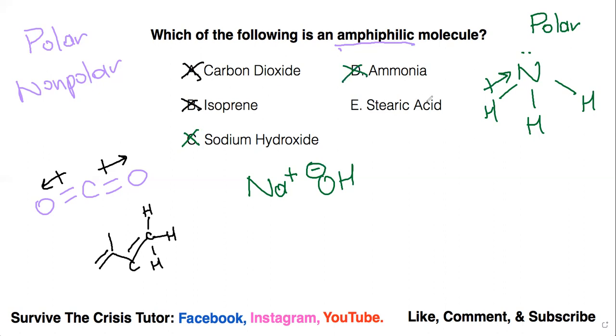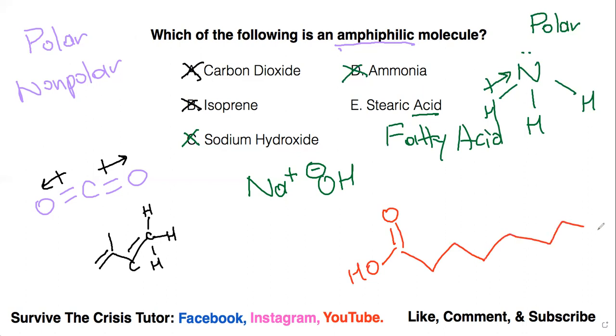So stearic acid. Now, the giveaway here, if you were quickly doing this on an exam and trying to figure out what am I looking for right away, the giveaway is really this word acid, right? Because this is a fatty acid. And if you are familiar with the structures of fatty acids, let's go ahead and switch colors real quick. Fatty acids are going to look like this. Now, this is not stearic acid, but this is a fatty acid.